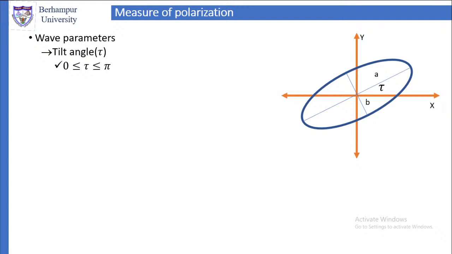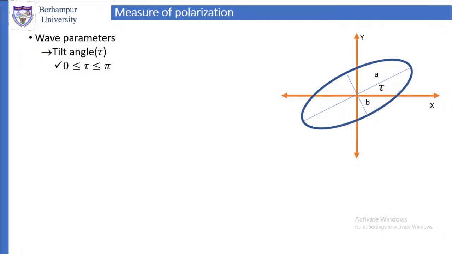When the tilt angle is equal to 0, the semi-major axis is along the x-axis. If we keep increasing the tilt angle, it moves from 0 to pi by 2, when the semi-major axis will be along the y-axis.